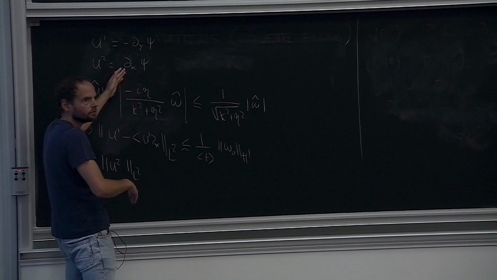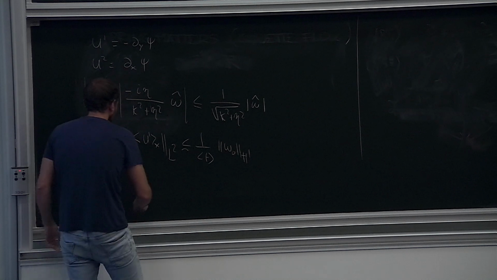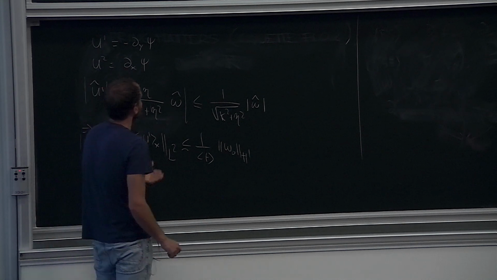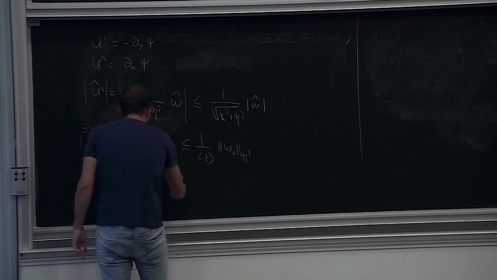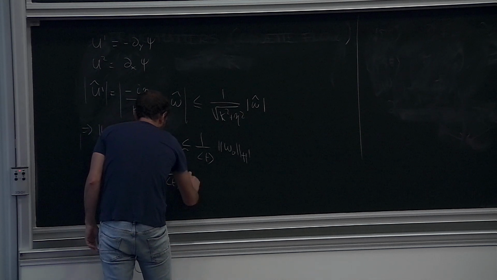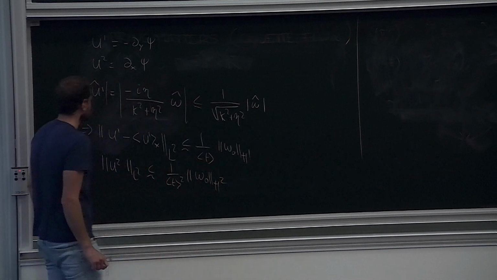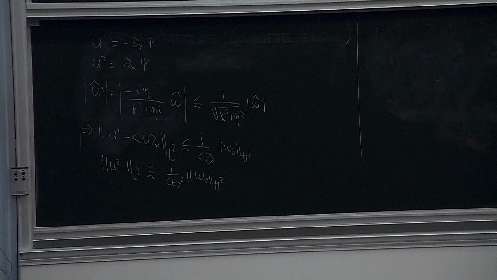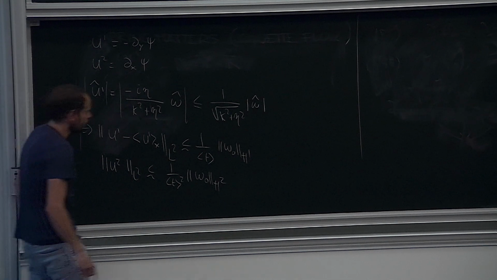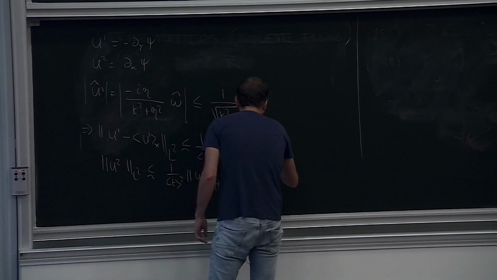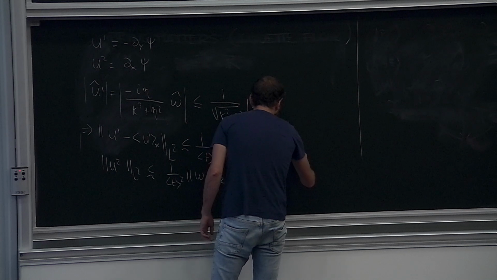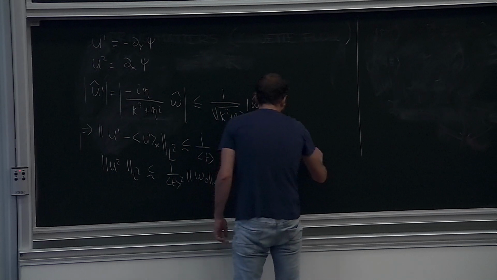So this really decays exactly like the stream function, so 1 over t squared, by paying, say, 2 derivatives. So this is an example of linear implicit damping.